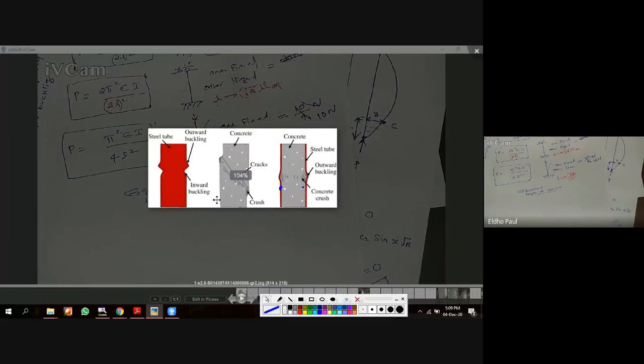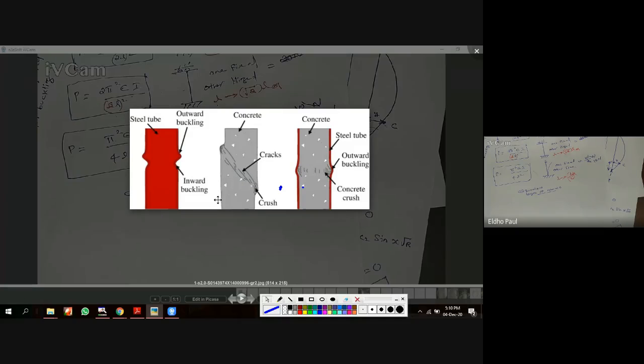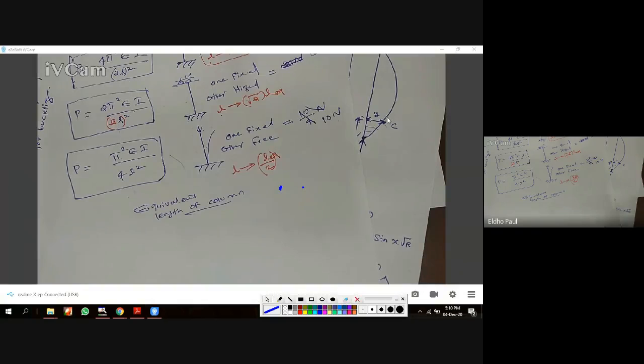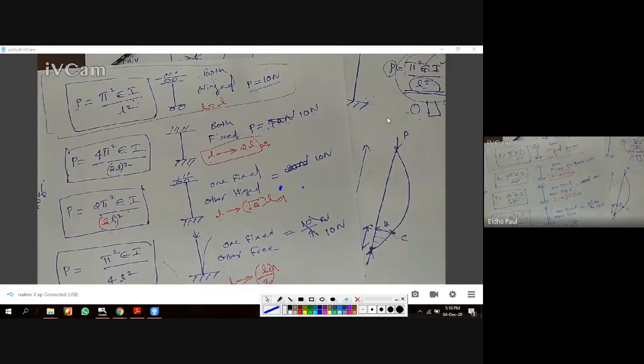So these are the different figures of the failure of column. And equivalent length is for a long column. Equivalent length or effective length of a column with a given end condition, we have different end conditions, is the length of the equivalent column.